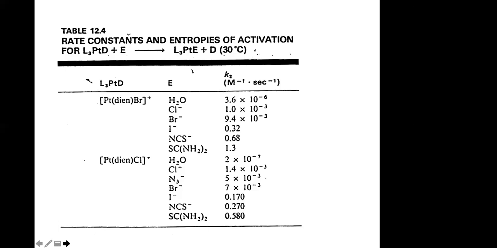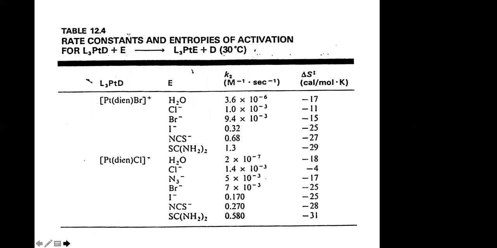Another piece of evidence that's sometimes used is the entropy of activation for the reaction. These can be measured by looking at the temperature dependence of the rate constant and using the Eyring equation.